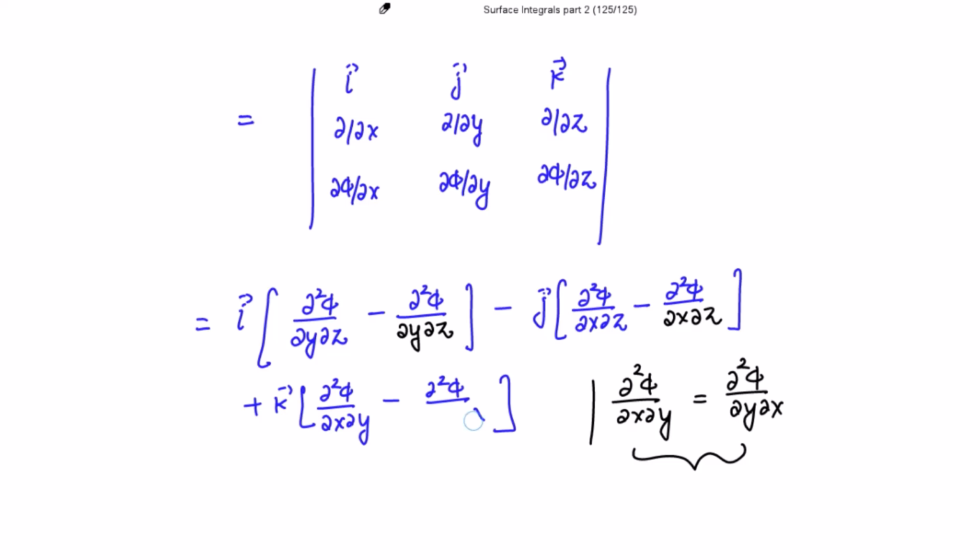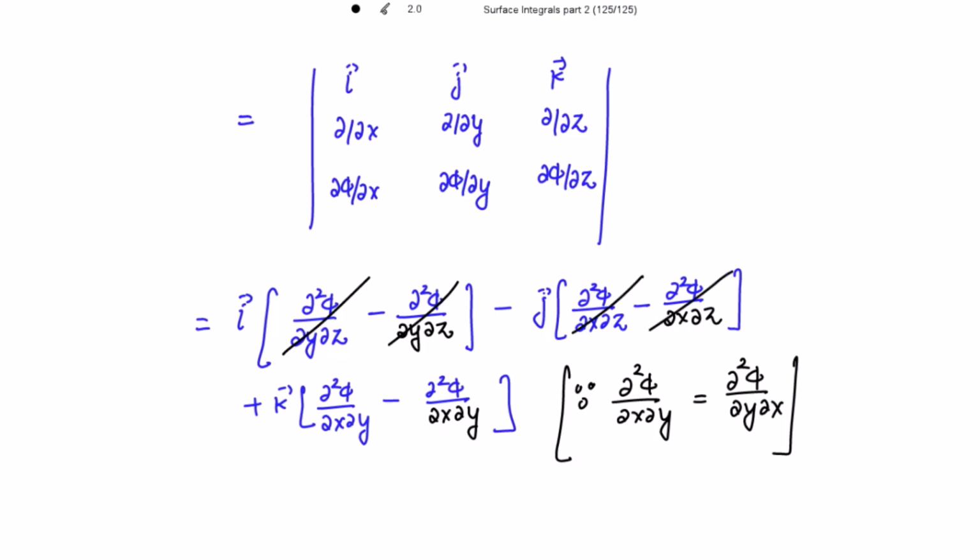And here also I write with respect to x and y. So these two cancel out, these two cancel out, and these two cancel out. So we are getting 0 i vector plus 0 j vector plus 0 k vector, which is finally equal to 0. Marking this as 2.